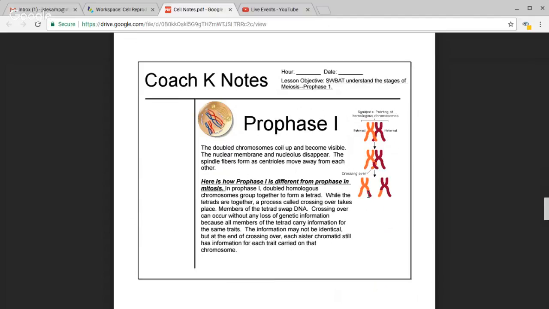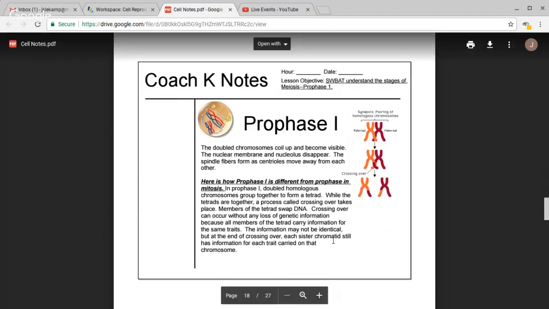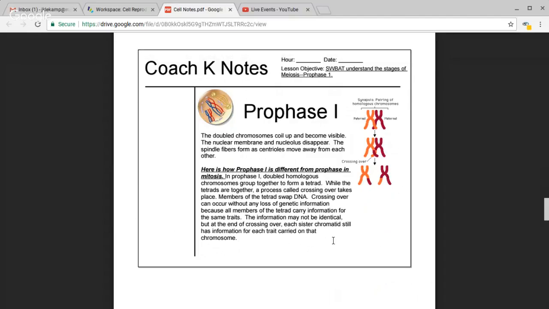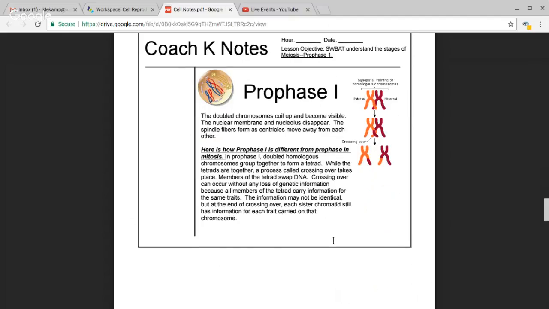So what this crossing over allows for is information not to be necessarily identical. Each sister chromosome still has the information for the trait carried on that chromosome, but we get a big time variation there.